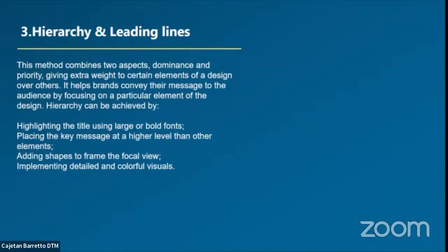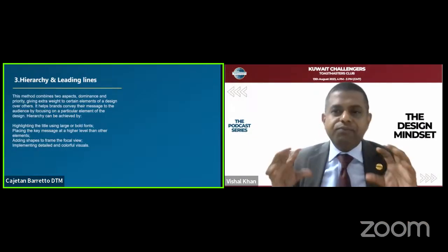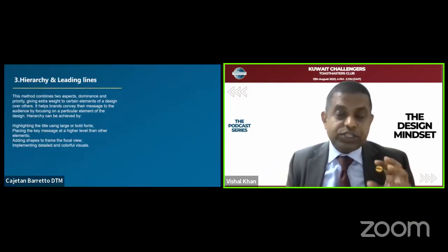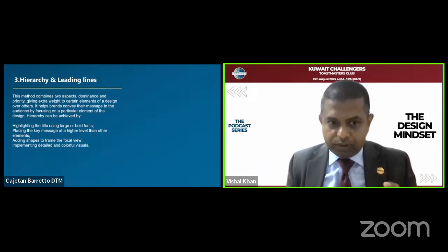This concept basically combines two aspects: dominance and priority, giving extra weight to certain elements of a design over the others. You remember the header text which you had in the previous slide? We made it much bigger, right? So we gave more weightage to that one, right? This way it helps us convey a more emphasized message, something that you would like to emphasize upon.